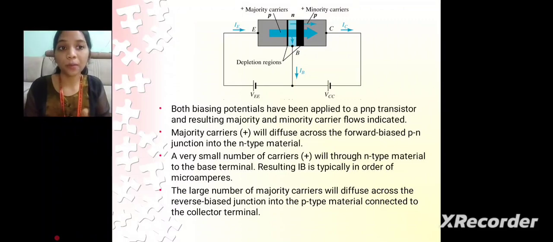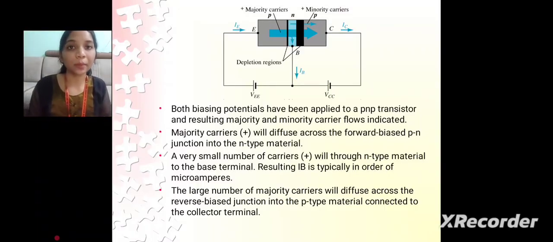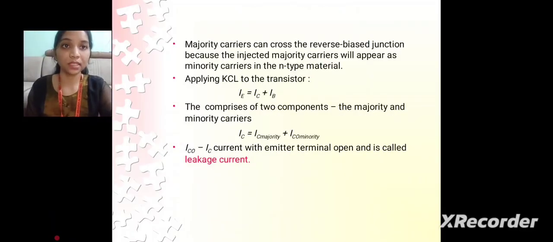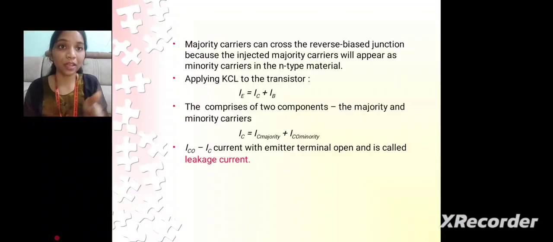The large number of majority carriers will diffuse across the reverse biased junction into the P-type material connected to the collector terminal. The majority carriers can cross the reverse biased junction because the injected majority carriers will appear as minority carriers in the N-type material.